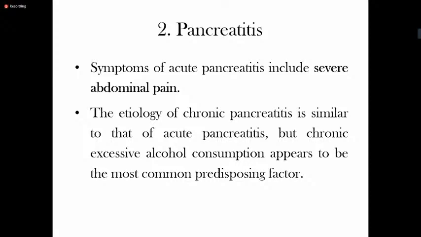Okay? So pancreatitis does not have any specific or cardinal clinical presentation. It presents with severe abdominal pain, just like all the other abdominal viscera. So anytime you have acute abdominal pain, pancreatitis must be considered.